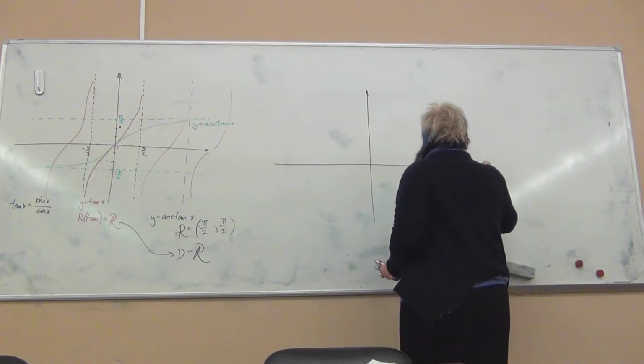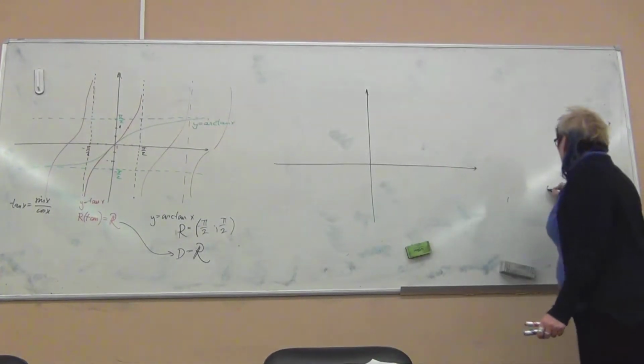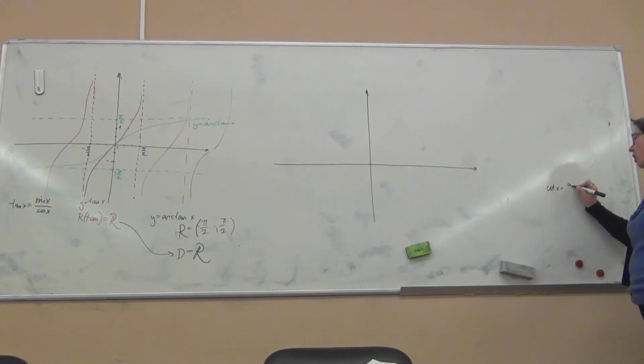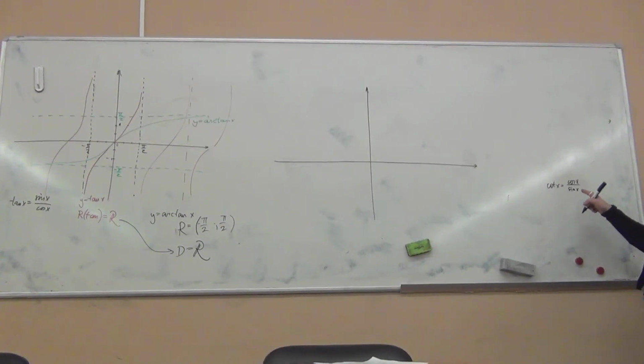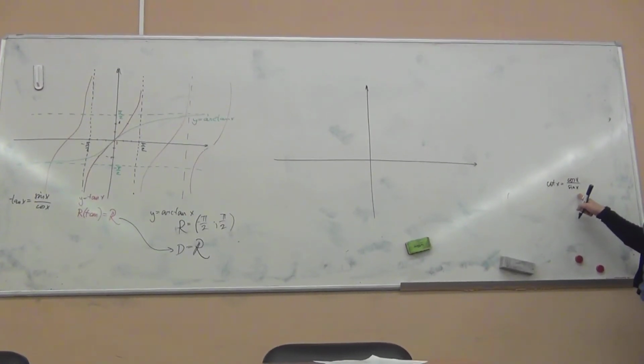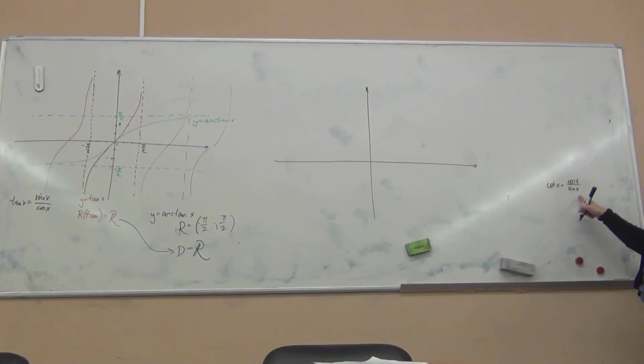All right. Remember that cotangent of x is actually cosine of x divided by sine of x, which means that the cotangent is not defined at the points where sine is 0. It means at the points 0, pi, 2 pi, 3 pi, minus 10 pi, a whole number of pi's.